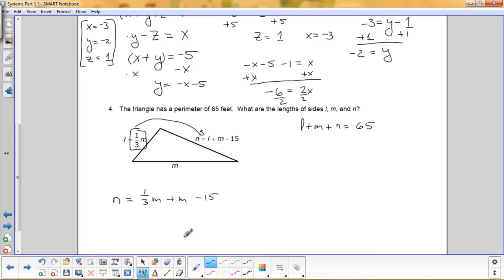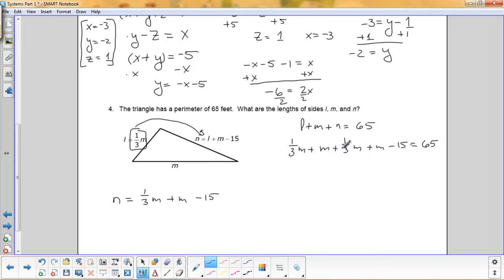And now what I see is that if I substitute into this equation this, this, and this, I now have an equation which has one single variable in it, and that variable is m. Notice what I do here: 1/3 m plus m plus 1/3 m plus m minus 15 equals 65.